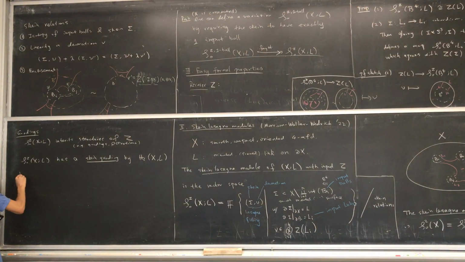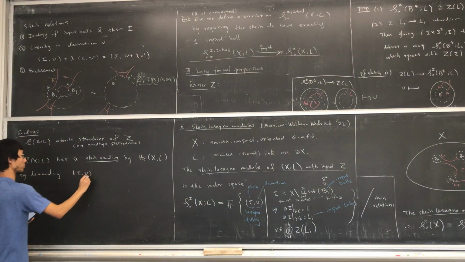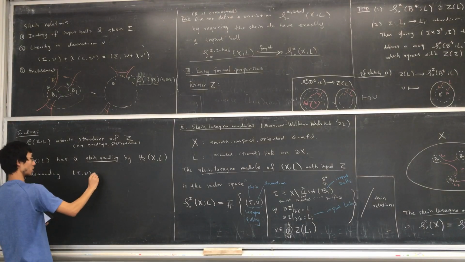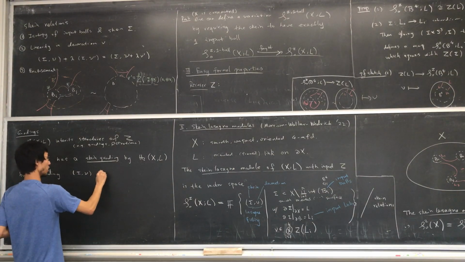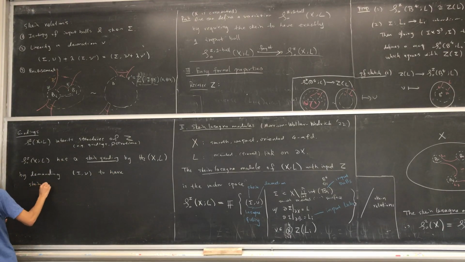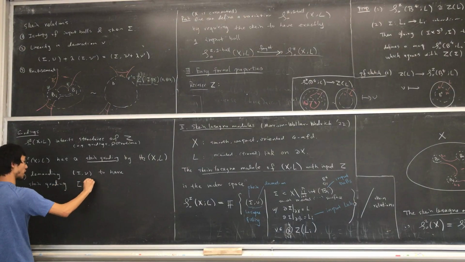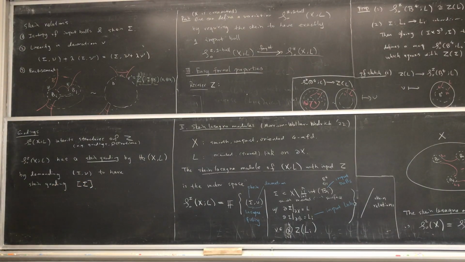Well, if we have a lasagna filling sigma, we demanded it to have skein grading that is homogeneous, given by the second homology class of the surface sigma. So you have your surface here in your four-manifold. Although it's not directly inside the four-manifold, it's inside the four-manifold with some four-balls removed.